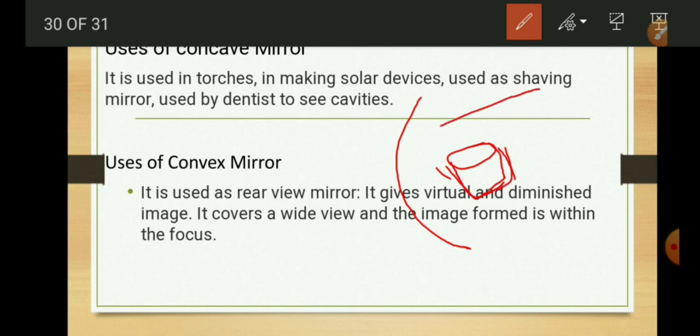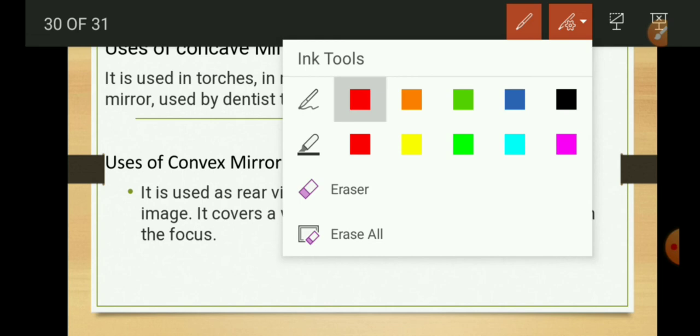So the parallel rays coming from the sun will converge at the converging point after reflection, and it will increase the temperature of that converging point, and it will help to increase the temperature in solar devices.